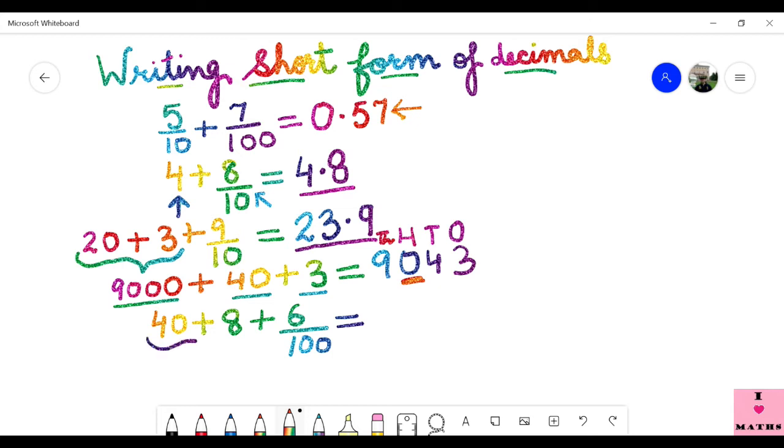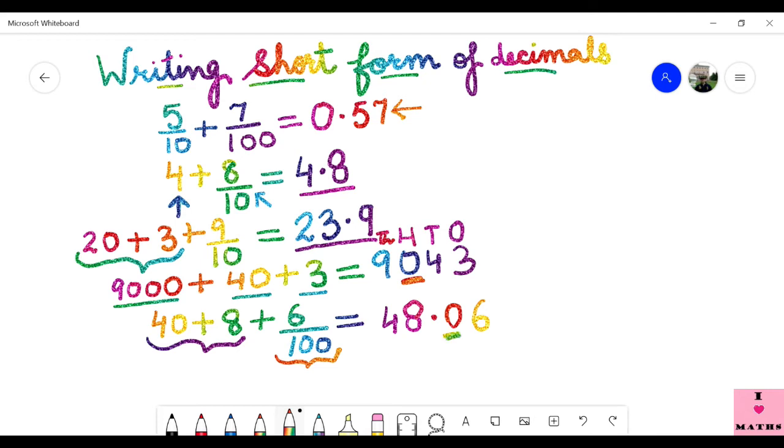So 40 plus 8 will come as 48 on the left hand side of the decimal, and since there is 0 upon 10, 0 will come at the 10th place, and since we have 6 upon 100, 6 will come at the 100th place.